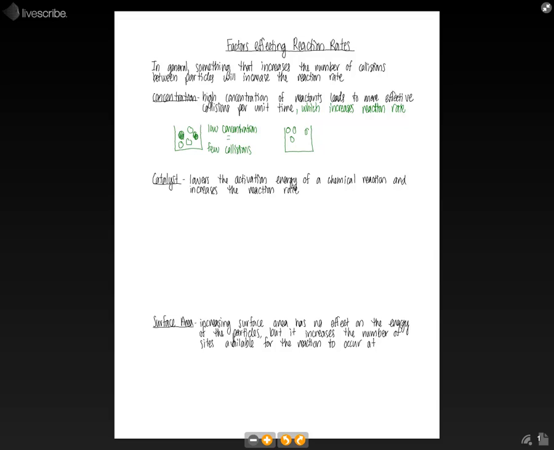Now, if we have a high concentration, see, we have a lot more here, so we have a higher concentration of reactants.